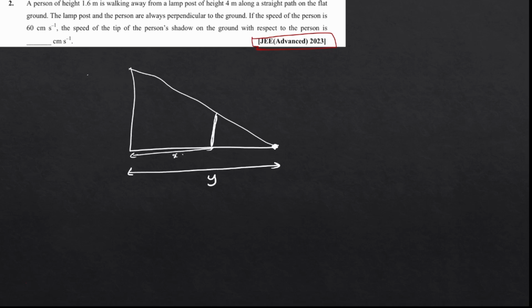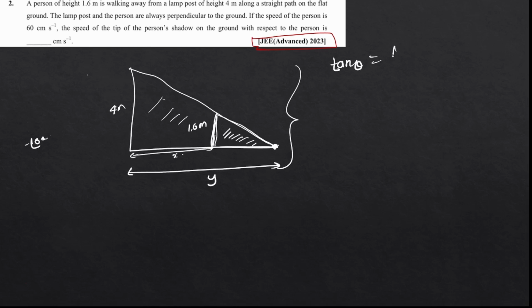So now I can find the ratio of any trigonometric function, but for the slope we use tangent theta. So I will find tangent theta for this particular small right angle triangle and for this whole triangle, right? If I focus only on this triangle, its tangent theta, which gives the slope, would be the perpendicular upon the base.